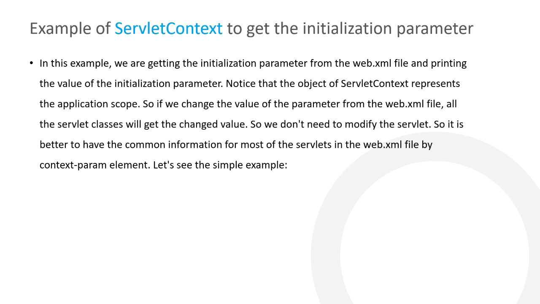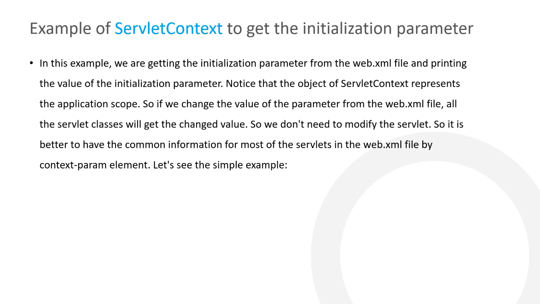Example of ServletContext to get the initialization parameter. In this example, we are getting the initialization parameter from the web.xml file and printing the value of the initialization parameter. Notice that the object of ServletContext represents the application scope.